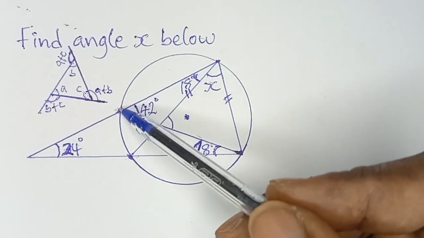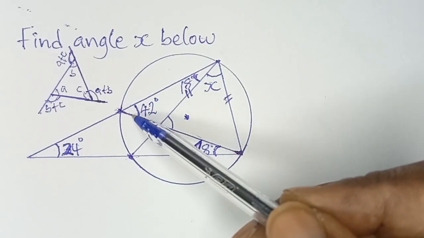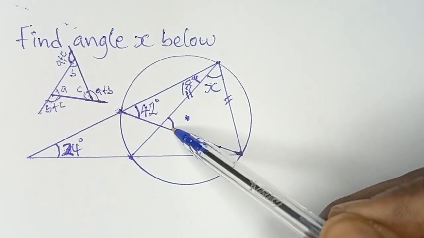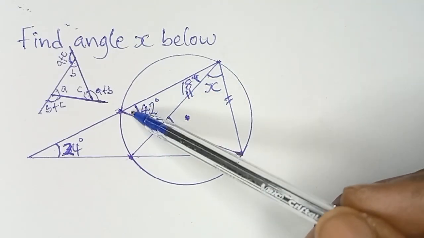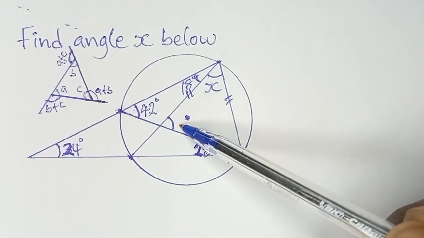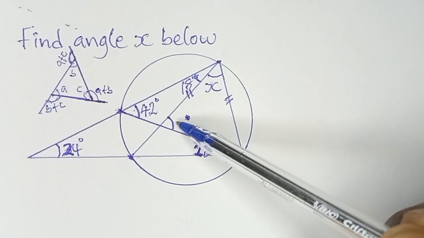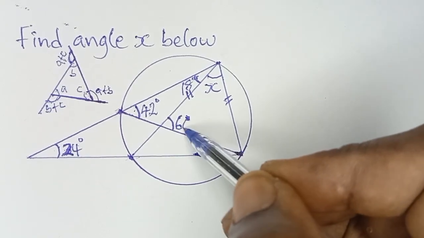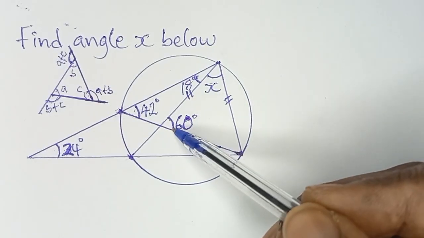With respect to this triangle, one of the lines of the triangle extends outward to give me this exterior angle. So the theorem, like I've explained before, will be that these two opposite interior angles add up to give me this exterior angle. So 42 plus 18 will be equal to this exterior angle, and that will be 60 degrees. So this angle is 60 degrees.